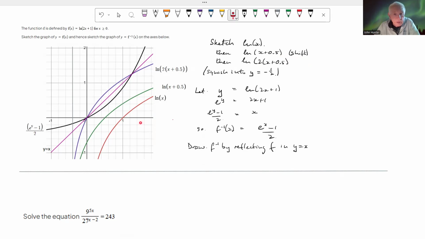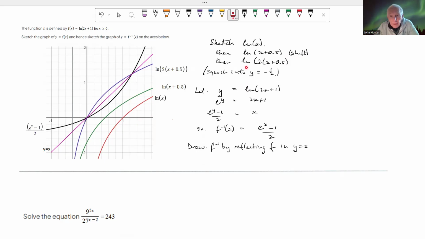What that does is it shifts everything to the left by a half. You'd almost expect these lines to be parallel, wouldn't you? But if you take a point there and take the corresponding point horizontally across, you'll find it basically is a shift left by 0.5.